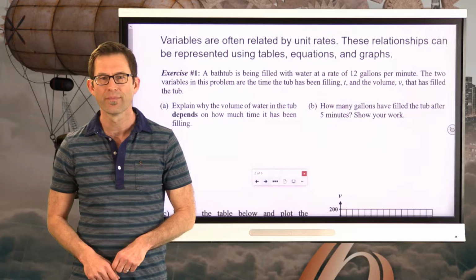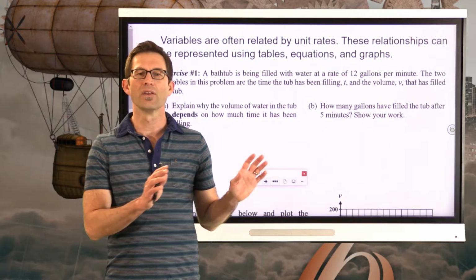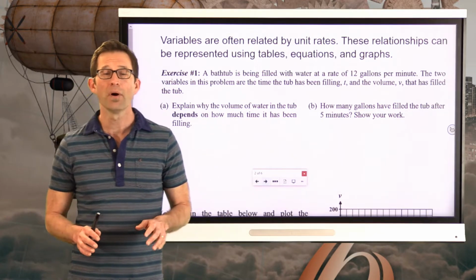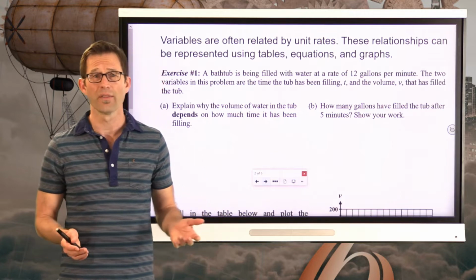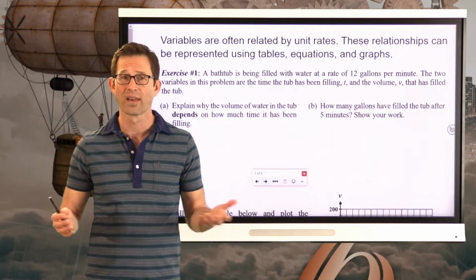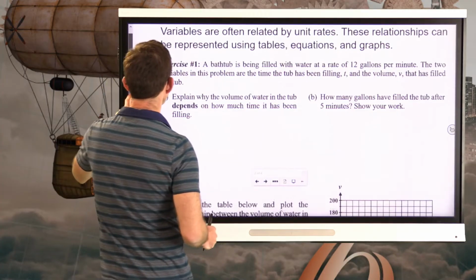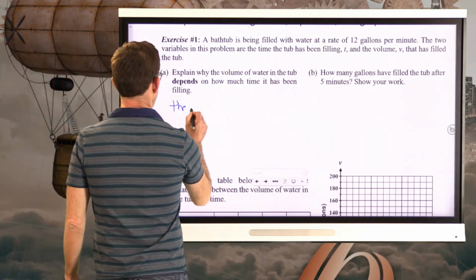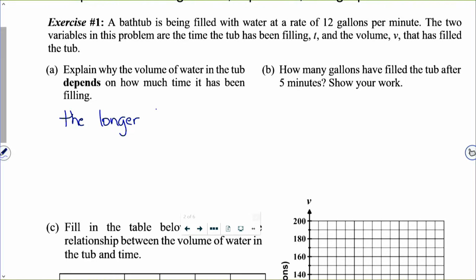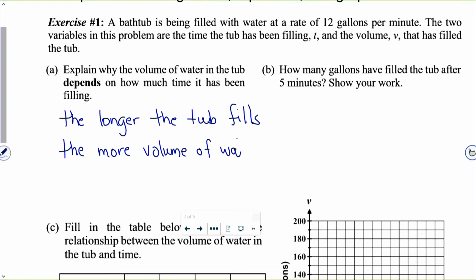time it's been filling. Well, this is a little foreshadowing of something we're going to talk about later. But you might just say it's obvious why the volume of water that's entered the tub depends on how much time. You might just say, the longer the tub fills, the more volume of water that has entered it.